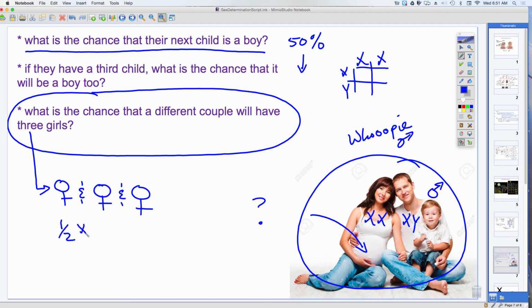What is the chance of having a girl? Well, it is 50%. And whenever we use the word and, we're really saying multiply. And having a girl and having a girl. So there is a 1/8 chance of a couple who has only 3 kids having 3 girls.